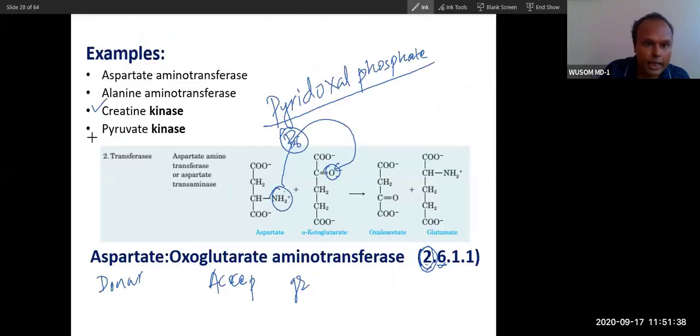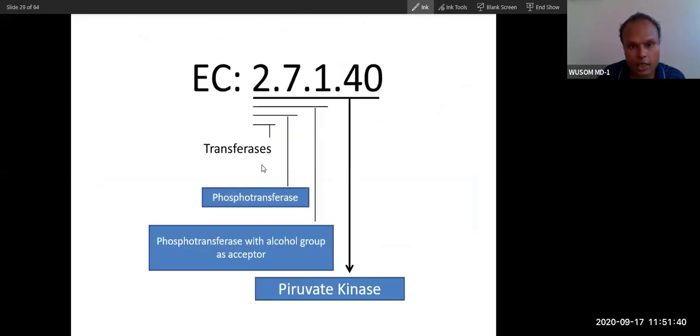Then pyruvate kinase also transfers a phosphate group, and that is why it is given number 7. The first number represents the function, what it does, and the second number represents the type of group transferred. So 7 represents the phosphate group.